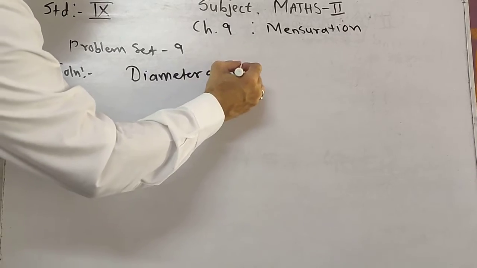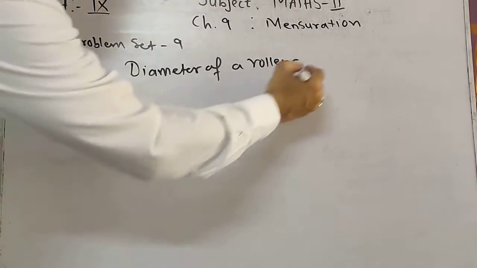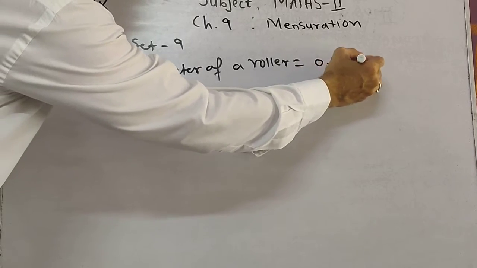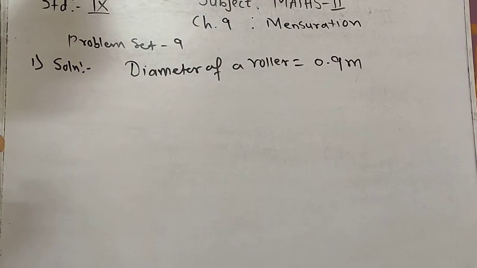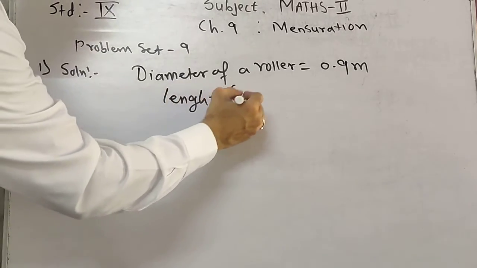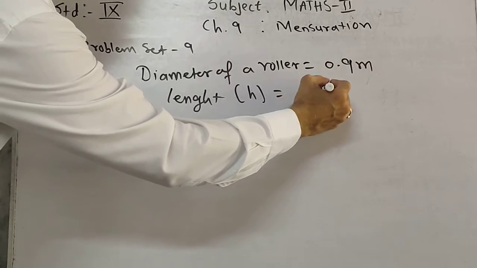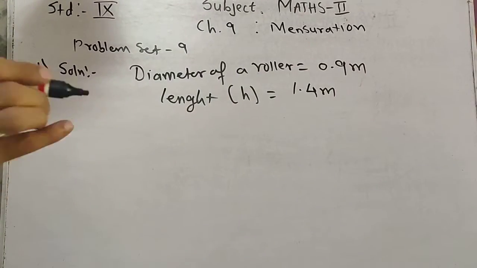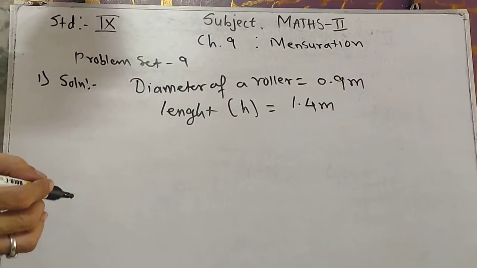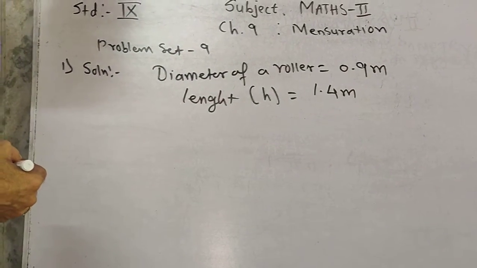diameter of a roller is given 0.9 meter. This is the diameter of a roller, and its length means height, height is given 1.4 meter, and you want how much area of a field will be pressed in 500 rotations.